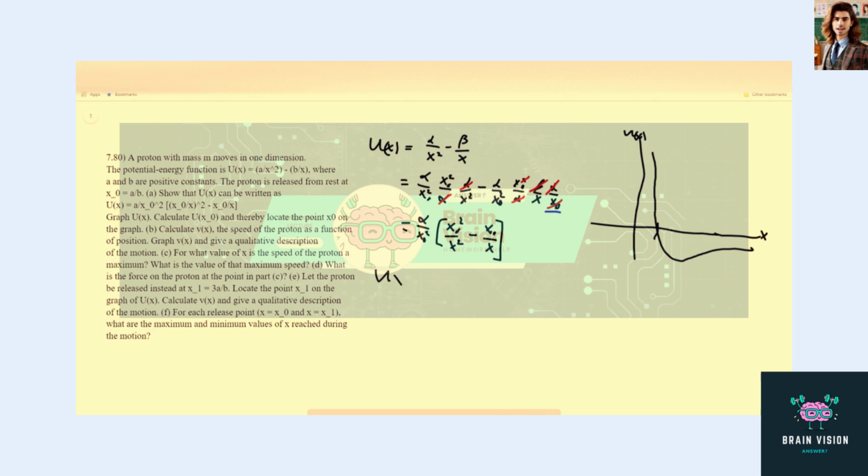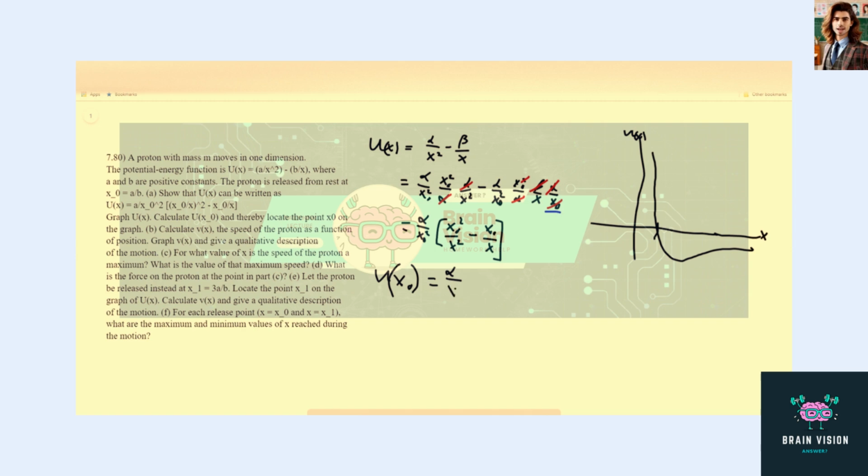So u of x sub 0, where x sub 0 is again alpha over beta. So that's alpha over alpha squared over beta squared. Actually, I can do this much easier on myself.